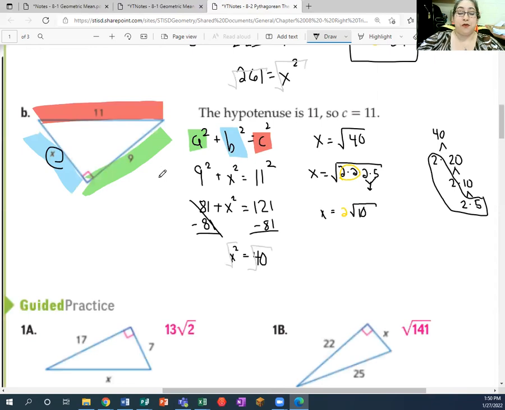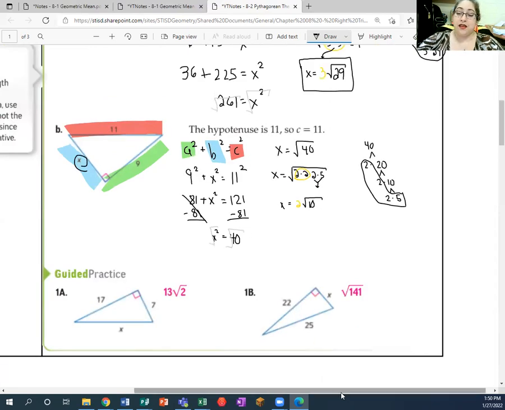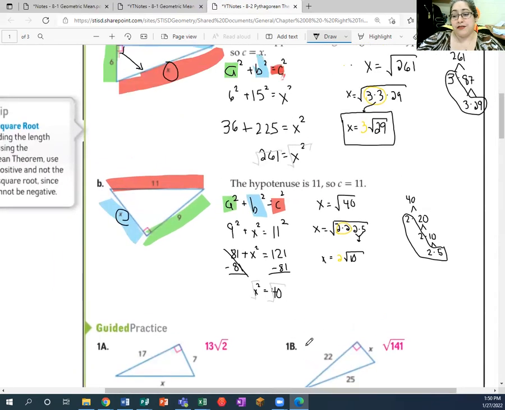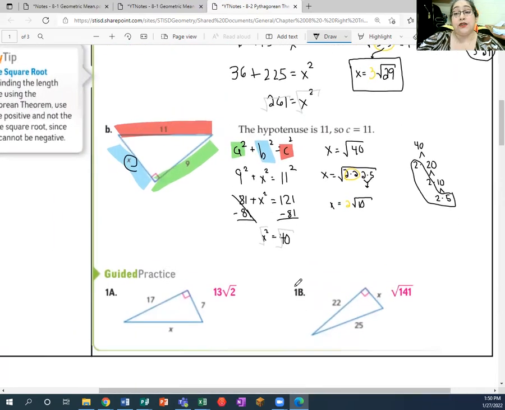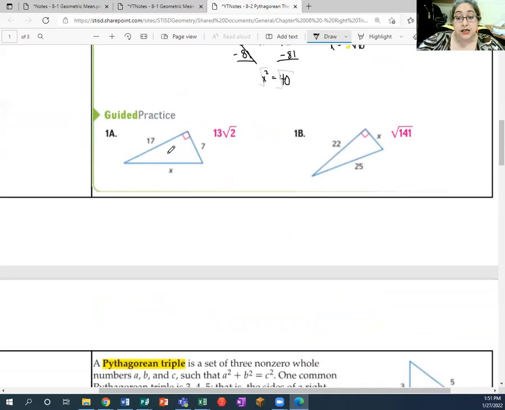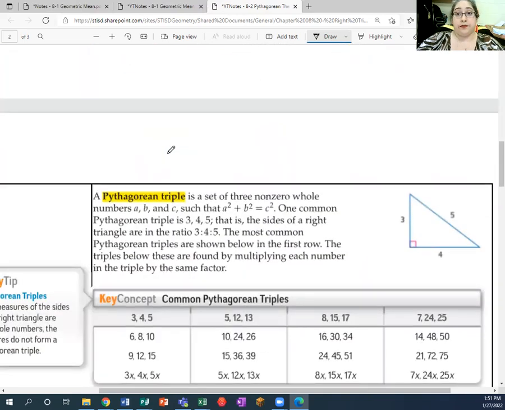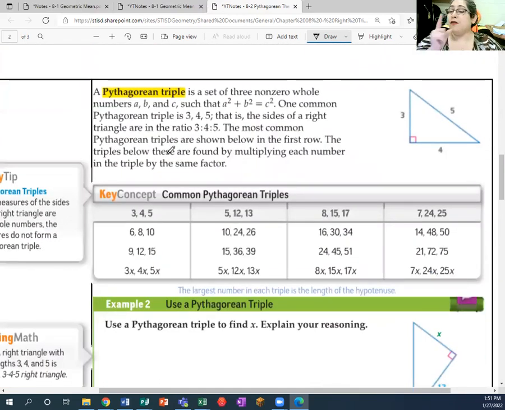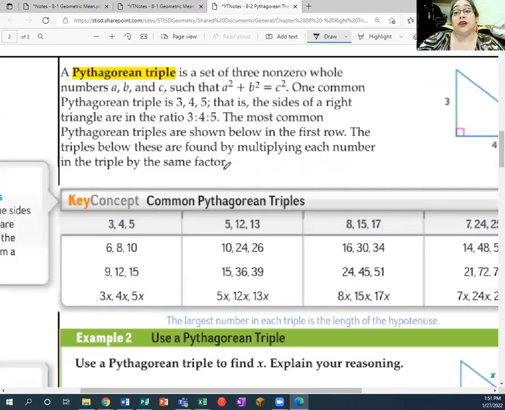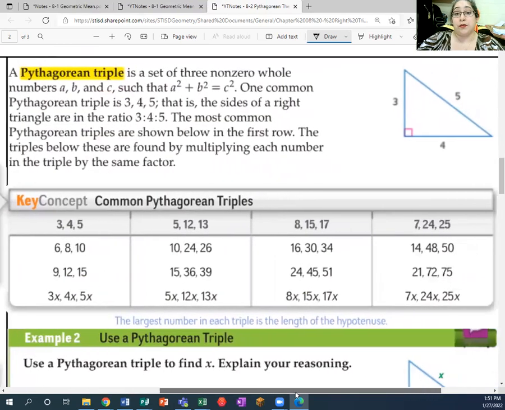Awesome. We remember how to use the Pythagorean theorem. But we talked about at the very beginning of this lesson that we could use this whole a squared plus b squared equals c squared Pythagorean theorem craziness to classify. Before we classify, I want to give you a shortcut. This shortcut is called the Pythagorean triple.